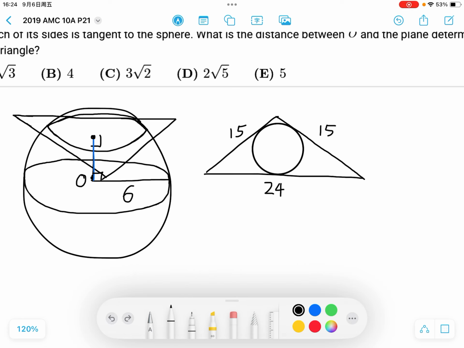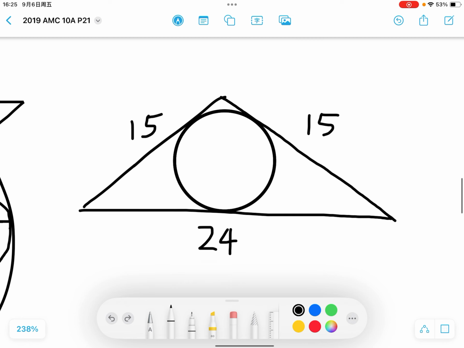If we can figure out the radius of this circle, maybe we can use circle properties, because we can use this other circle to solve this problem. Figuring out the radius seems like an inevitable step in this problem.